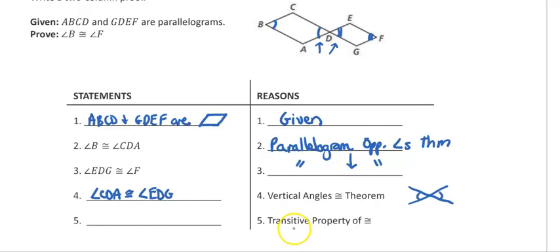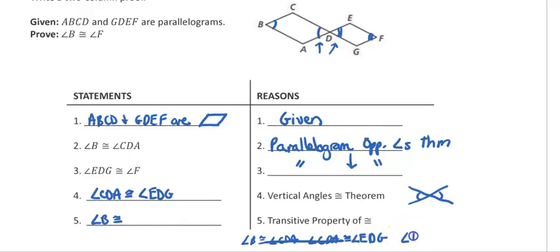And then it wants us to use the transitive property of congruence, which basically what it's saying is if angle B is congruent to CDA and CDA is congruent to EDG, then the transitive property says angle B is congruent to EDG, but I guess I forgot one.